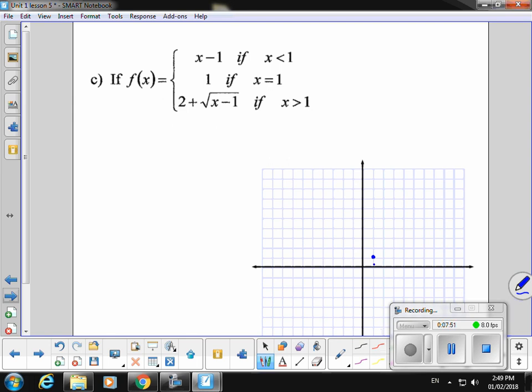Okay, so we've got a hole, and it goes there. And if x is greater than 1, not including 1, it is a square root function up to 1 to the right. And it is not included. Okay.